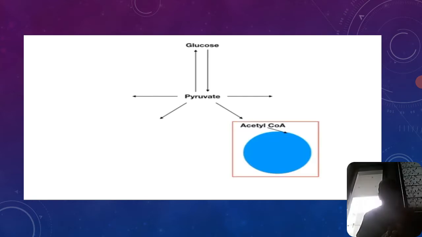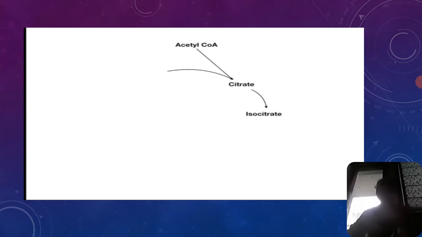The first molecule, glucose, is converted into pyruvate and that will be converted into acetyl coenzyme A. So we see this step by step. The acetyl coenzyme A reacts with oxaloacetic acid in the presence of the enzyme citrate synthetase, using a molecule of water, to form citric acid. The coenzyme A is recovered.